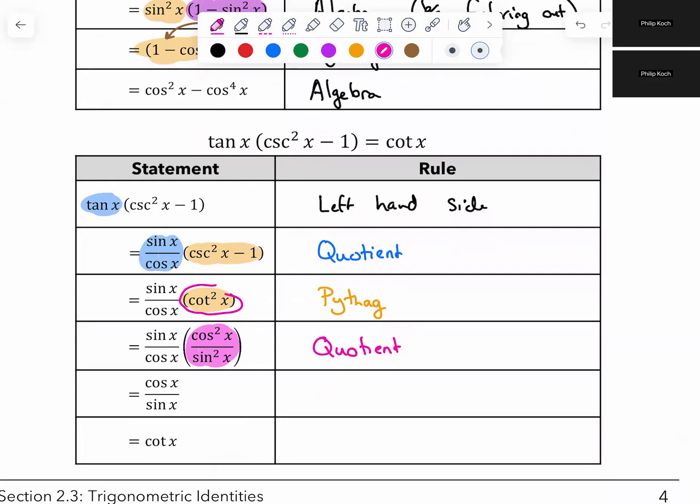Then all of that stuff gets slightly canceled. Yep, algebra. And last, Lamar's absolutely right, quotient's the last thing. We haven't used red, so let's use red. Now cosine over sine gets converted to cotangent, and that's a quotient identity.